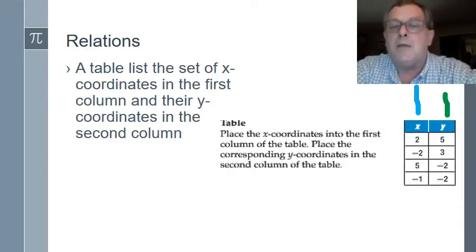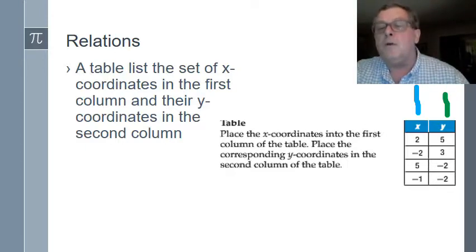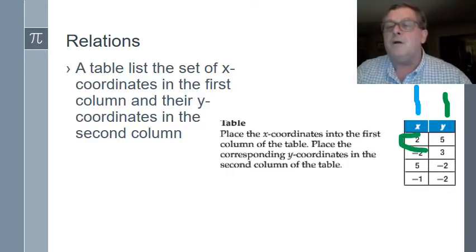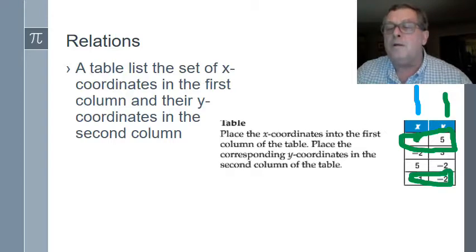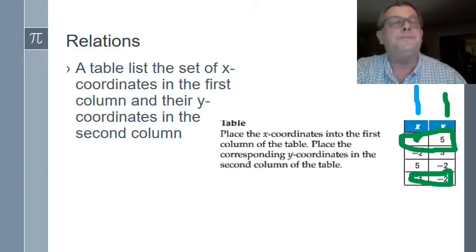And so here our table puts them together, and we can see from this table that we've got an x value of 2 in relation to 5, and dropping on down we've got our x value of -1, that's a relation to -2.